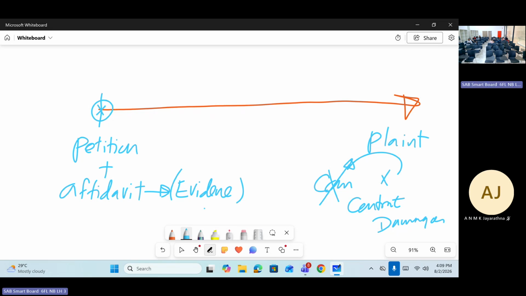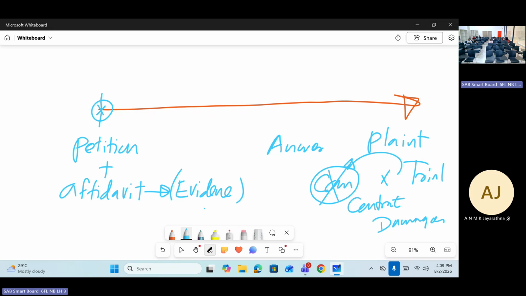But in a plaint, only the plaint is filed. Thereafter, the company has to file an answer. Plaint and answer. Then after that, the matter is fixed for trial. It is a long procedure and will take a long time. At the trial stage, parties can lead the evidence.